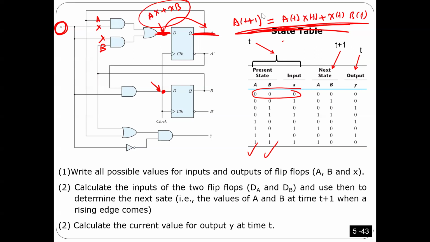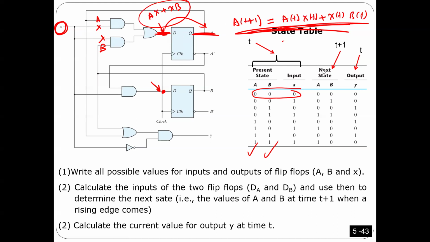So number one, you need to calculate what is the input of the flip-flop, and then after that you need to plug in the characteristic equation. And here, because the characteristic equation is straightforward, Q is equal to D. Just Q is equal to D.